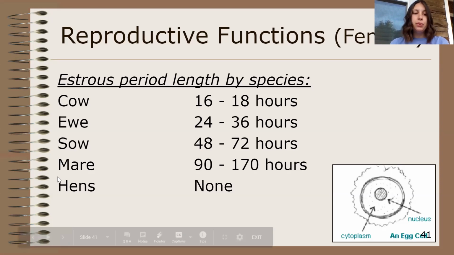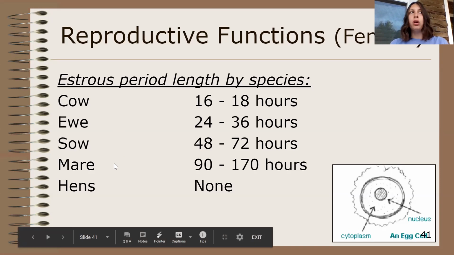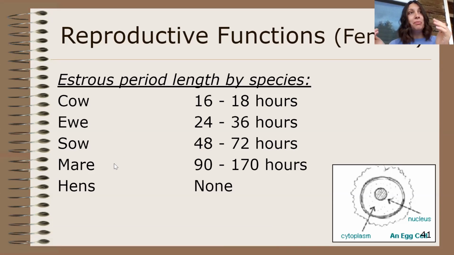Although typically with cows and horses, they're so large that if they tip over while they're mating, somebody's gonna get hurt. So they're not gonna be bred with another male, they're gonna be artificially inseminated. And then chickens don't have an estrus period because they're essentially consistently releasing eggs. So they can be bred just about at any time.